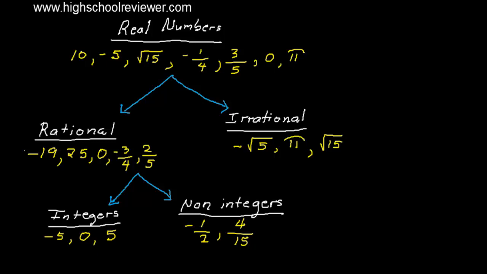These are the integers and the non-integers. The integers are still divided into two. So let's write here first the integers, and the integers are divided into two.